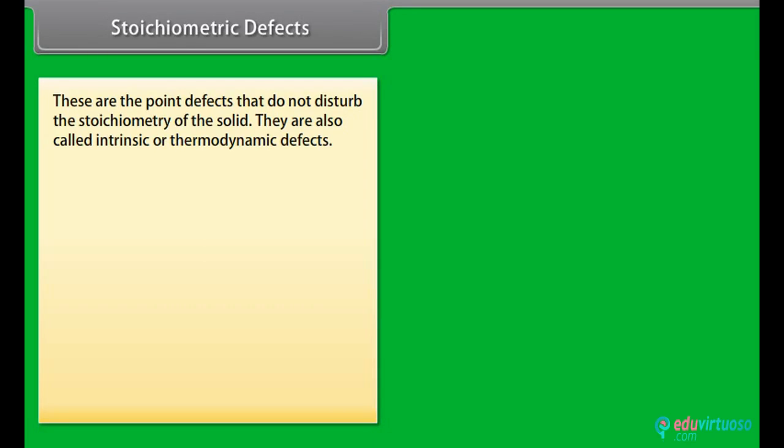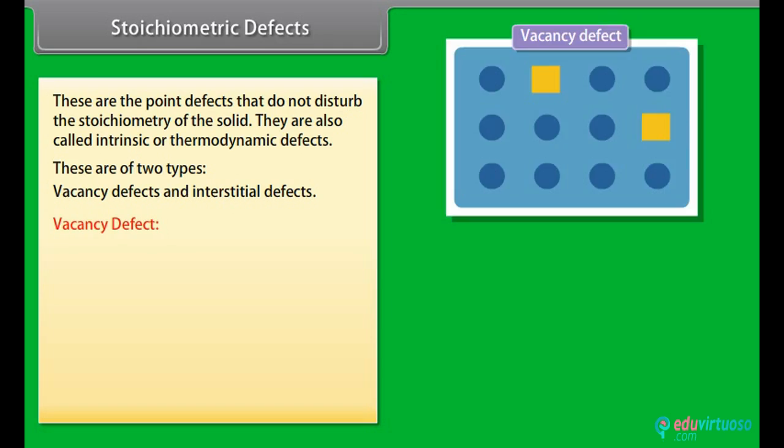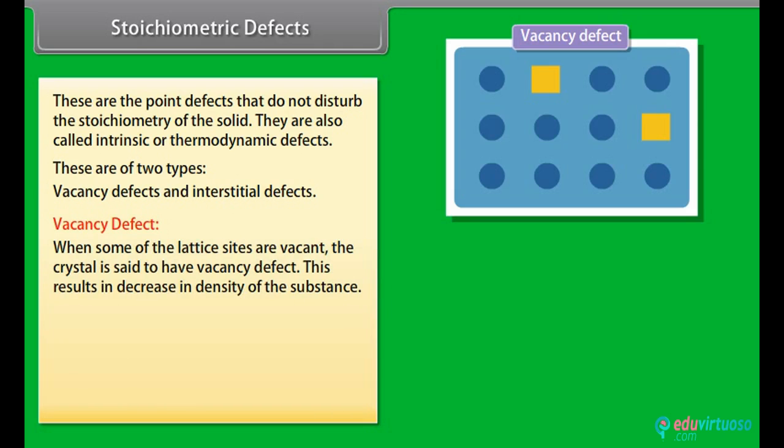Stoichiometric defects. These are the point defects that do not disturb the stoichiometry of the solid. They are also called intrinsic or thermodynamic defects. These are of two types: vacancy defects and interstitial defects. 1. Vacancy defect. When some of the lattice sites are vacant, the crystal is said to have a vacancy defect.